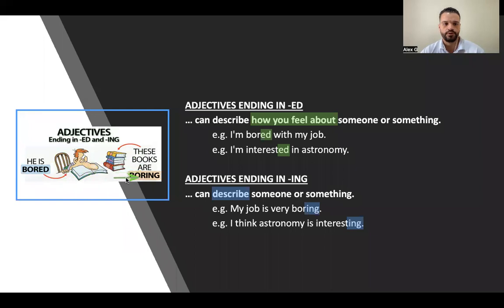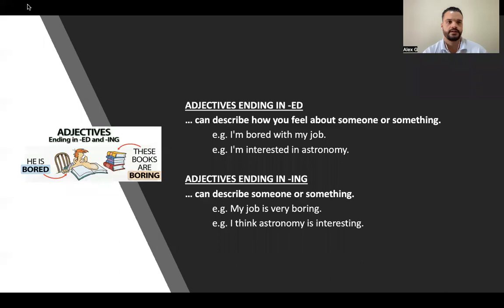These books are boring. So maybe you can take a look at this picture, and that can help you understand a little better, okay? So don't confuse them. Ed adjectives for feelings. And when we want to describe something or someone, we use the ing form of the adjective, okay?